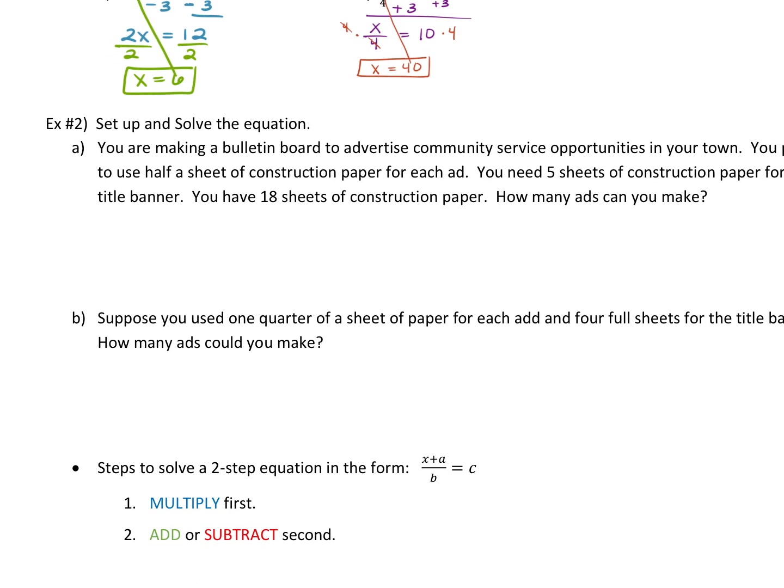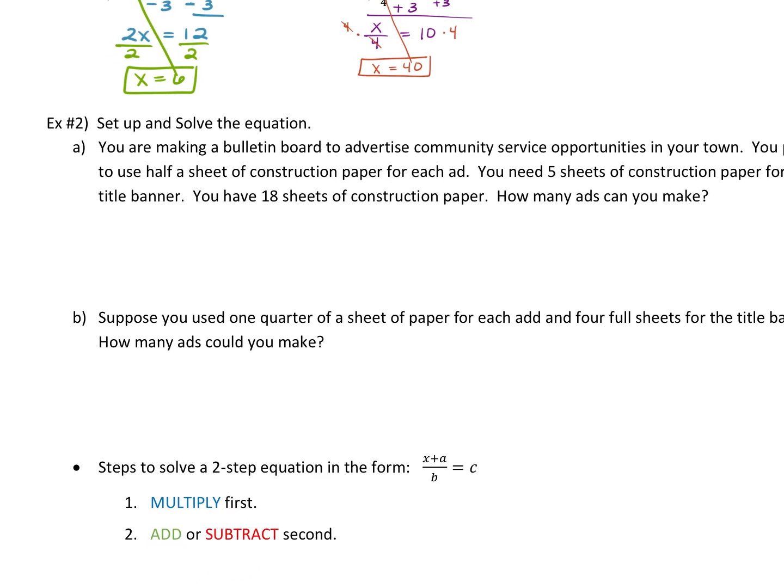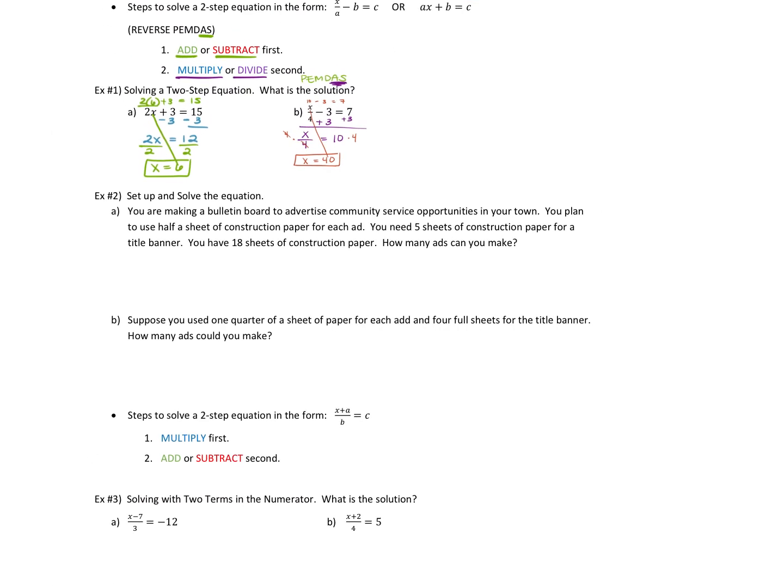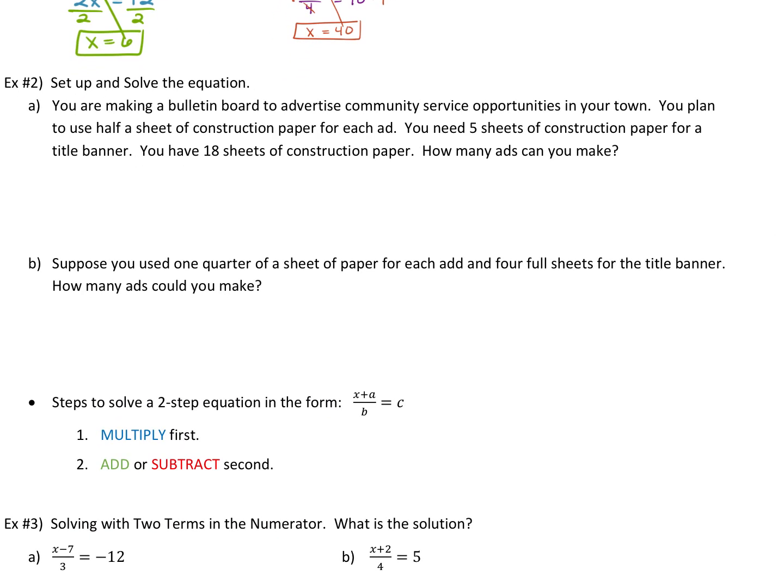Okay. So we're going to set up and solve a problem here. And usually it's the setup that gets a little tricky for some. So take your time with these. Think about what's going on. And then we'll go from there. It says you're making a bulletin board to advertise community service opportunities in your town. You plan to use half a sheet of construction paper for each ad.